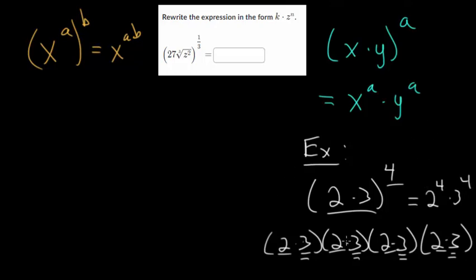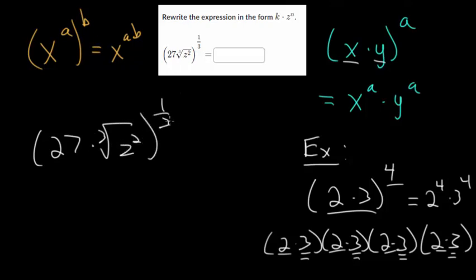And this property holds in general, that when you have a product raised to an exponent, each factor of this product is also raised to that exponent. So with this in mind, let's use these properties to further analyze this problem here. So we have 27 times the cubed root of z squared, and we're raising that to the 1/3 power.